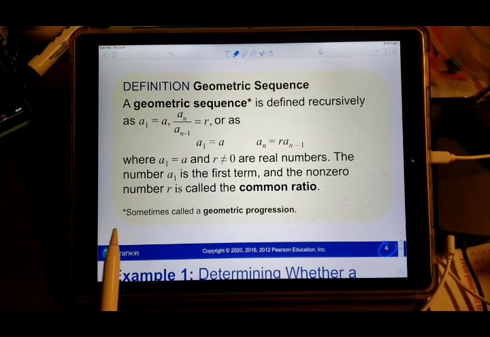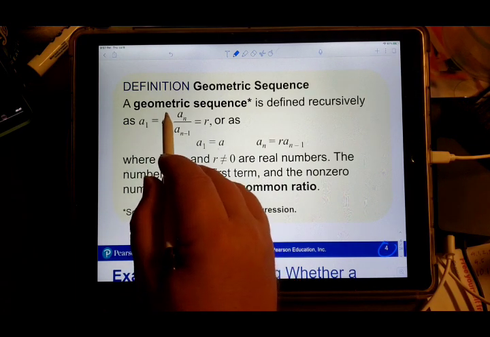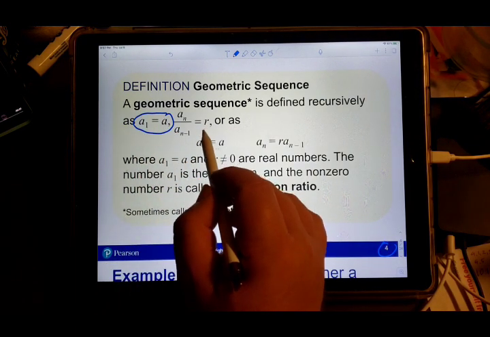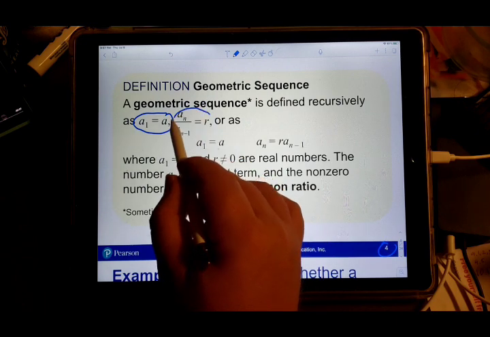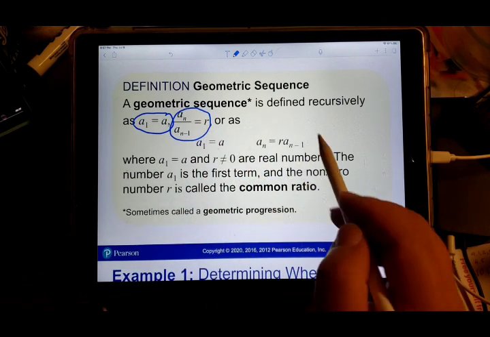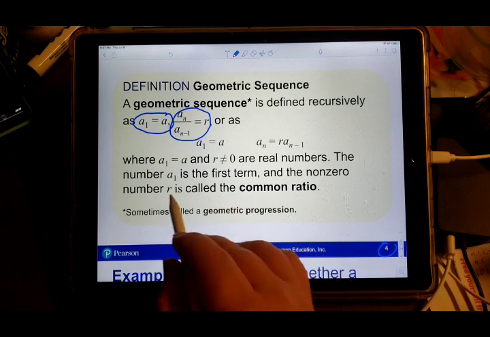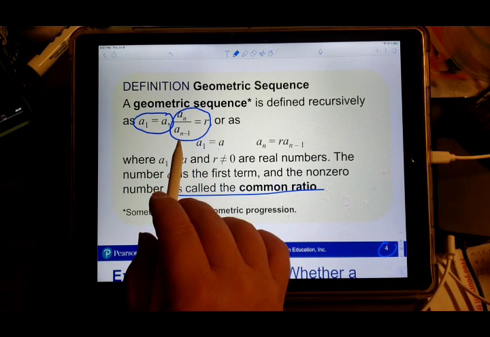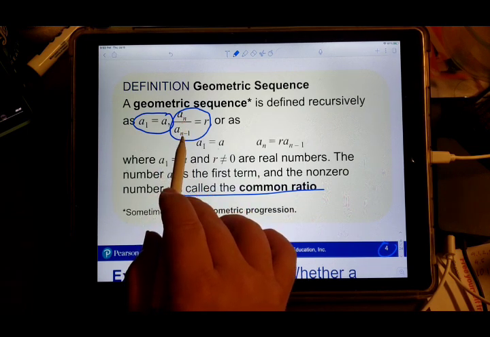So you need two measurements to have a geometric sequence. We call the first term A1 or A, and we call R. Now, only geometric sequences have an R. R is called the common ratio, and it is calculated formally by any term divided by its previous term. I say formally it's calculated that way.